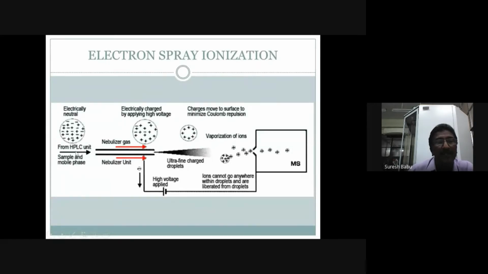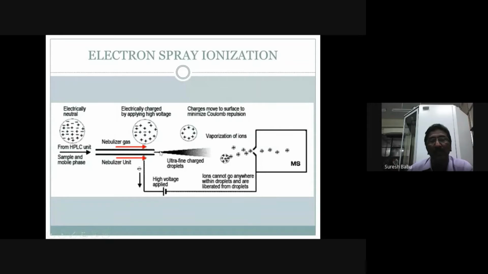So here the sample, that is our LC output, is passed through a charged capillary, and it is nebulized into the chamber. The voltage imparts charge to this sprayed mist, and in the chamber the solvent evaporates, so the charge on the droplets increases.